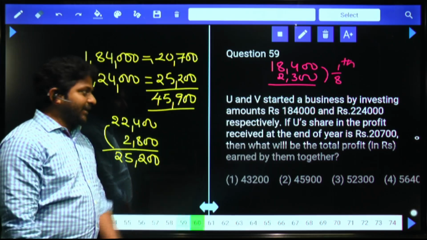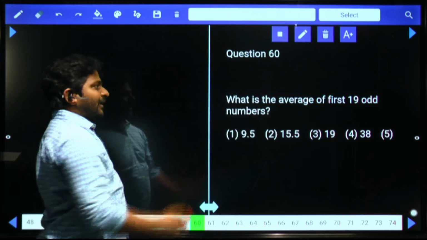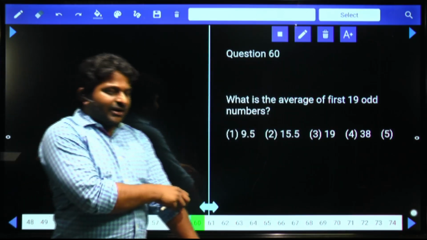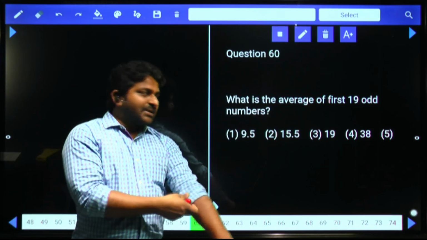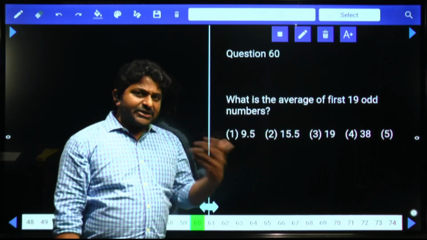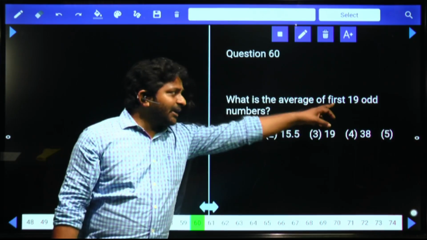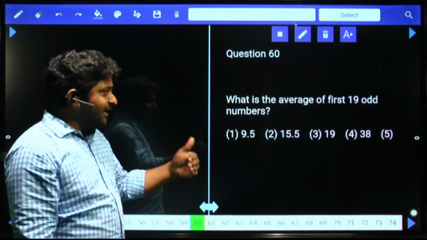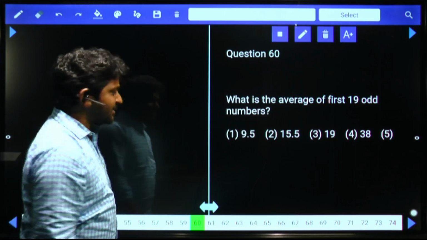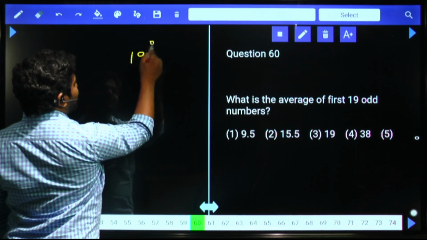Next. What is the average of first 19 odd numbers? You can divide the sum of odd numbers by 19. Sum of odd numbers is n square, where n is the number of odd numbers. Here it is clearly given that there are 19 odd numbers, so n value is 19. 19 square is the sum of numbers.